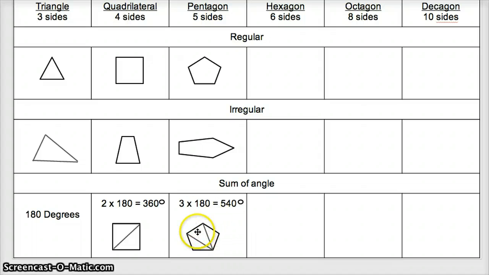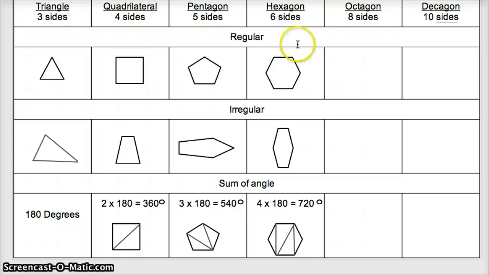In a pentagon, we can divide it up into three triangles. So 3 times 180 means that the sum of the angles of a pentagon is 540 degrees. Again, if you can't remember that, just go ahead and divide the shape yourself into triangles, see how many there are, and multiply that number by 180.